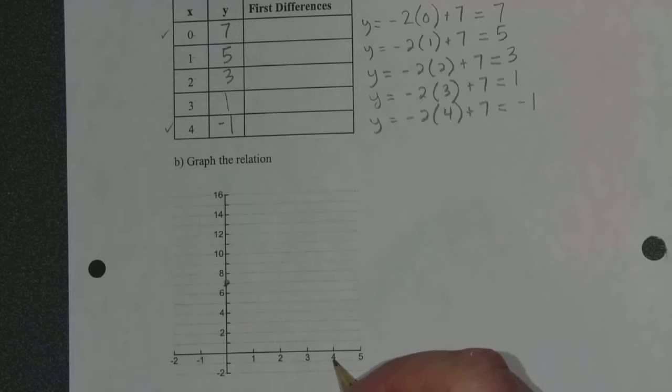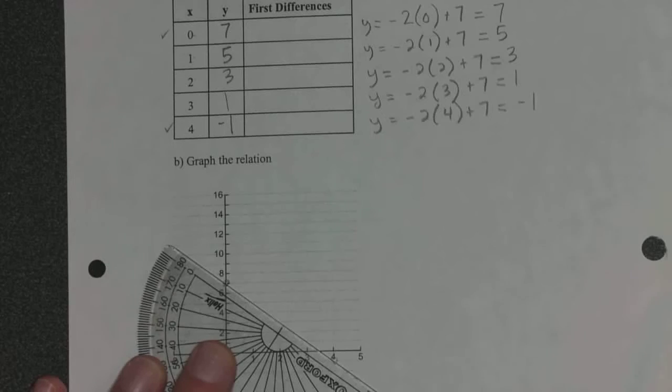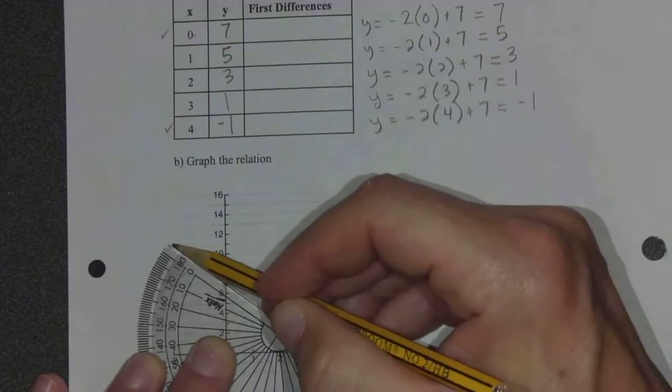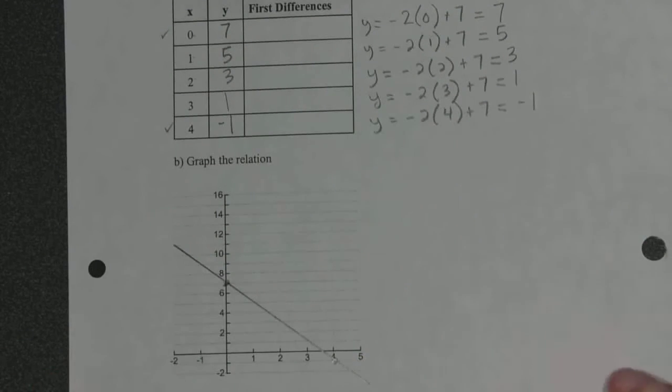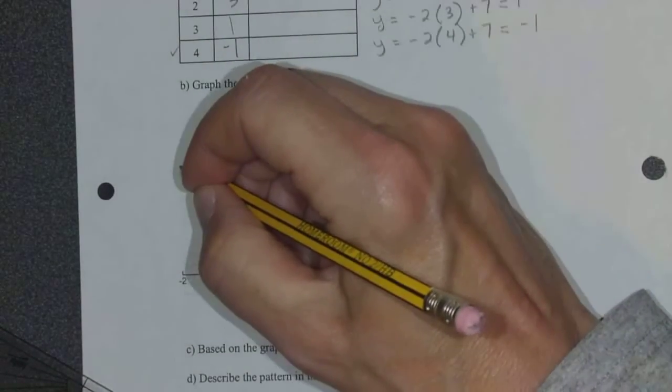Now be careful, down 1 is just one box there, right? Right there. And now you got 2 dots. Put your ruler on the 2 dots. Extend the line out both ways. Okay, it's a line, so you should have arrows.